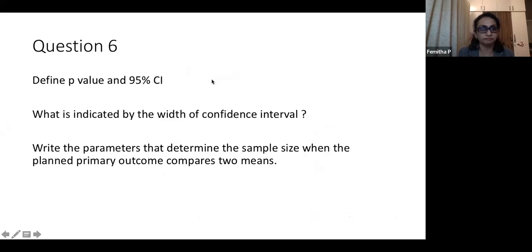Question 6 again. What is p-value? We'll leave out the 95% confidence interval for this time. What is p-value? What does P stand for?